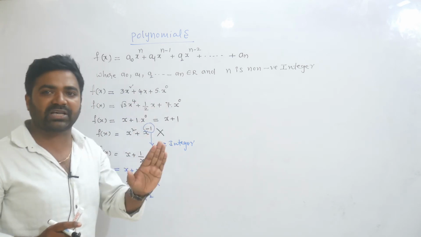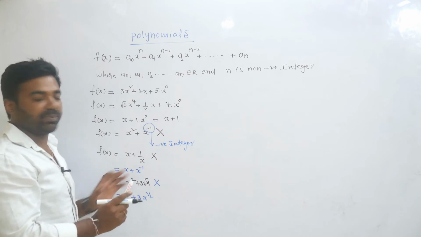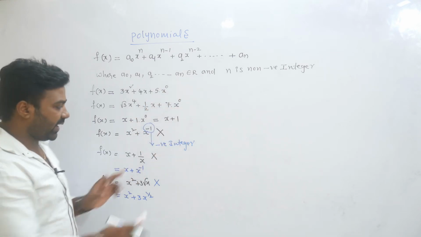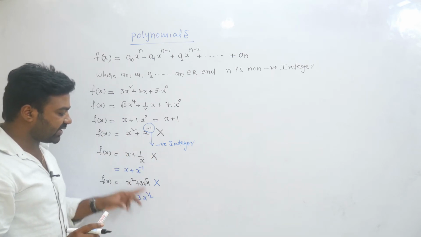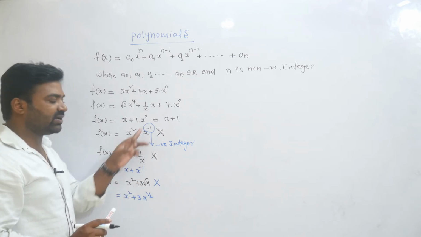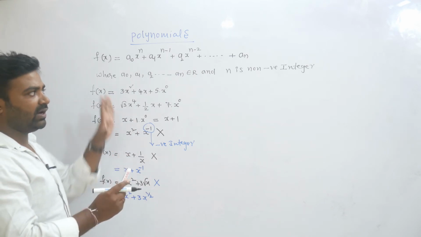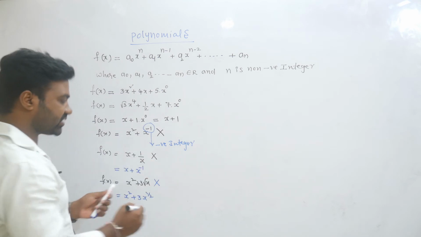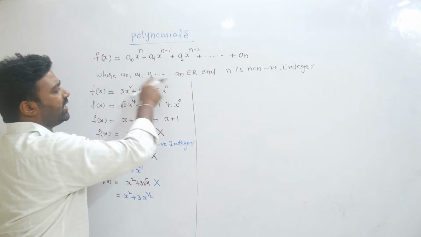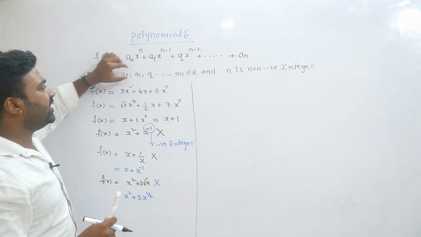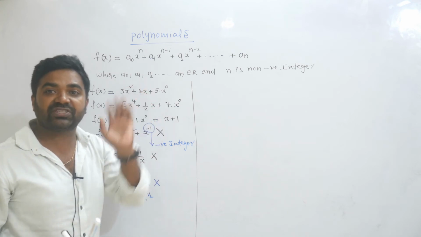If these two conditions are satisfied, it is a polynomial. These first ones are polynomials because they satisfy the definition. But these three are not polynomials, because the powers are not non-negative integers. So that's the polynomial definition and examples. Here a0, a1, a2 are the coefficients of the polynomial.